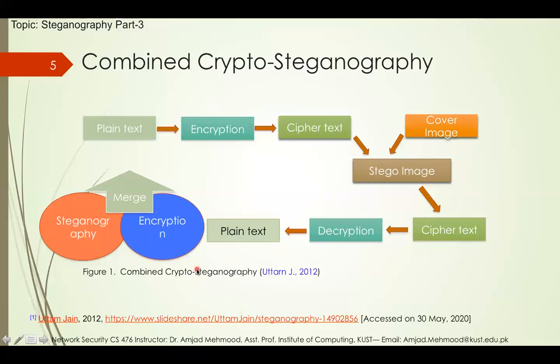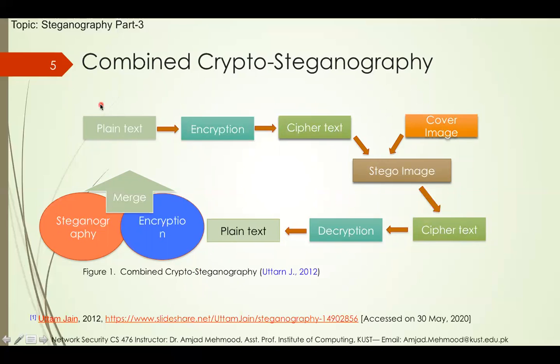Now, this slide shows the combination of cryptography and steganography. Like you can see here, that we have combined both strategies. Like in cryptography, you prepare a ciphertext from plain text.